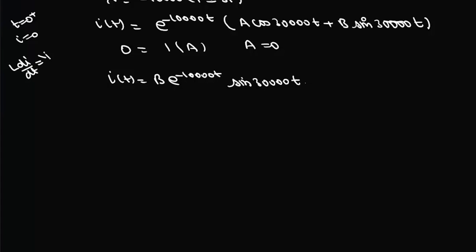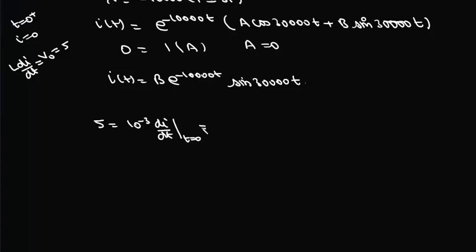Now we also know at t equals 0 positive, L di by dt is equal to V naught, which in this case is 5 volts. So this V naught, which is 5, will be equal to L, which is 10 to the power minus 3, di by dt at t equals 0.